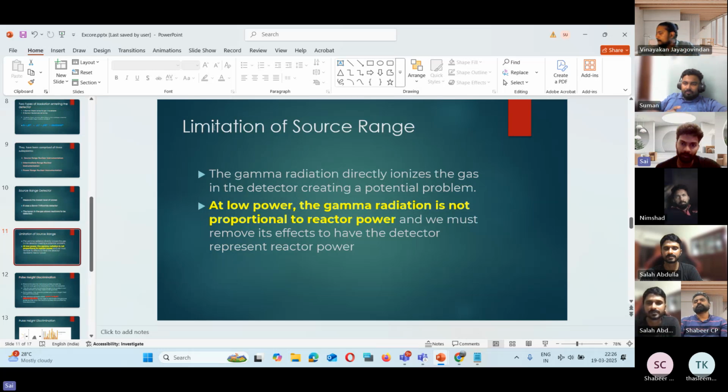We have to remove its effects to have the detector present the reactor power. We have to remove the gamma radiations from the measurement, as they are not related to the reactor power. So we will consider only the neutron effects.